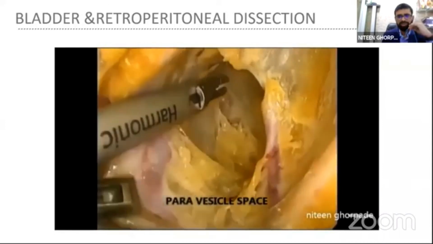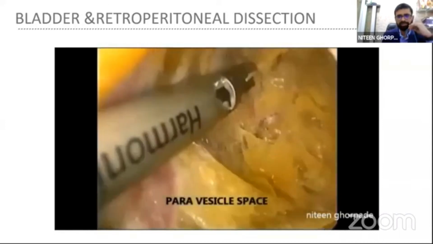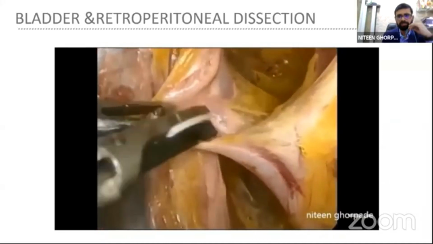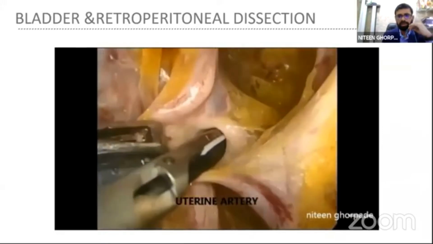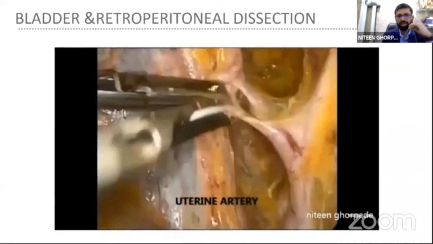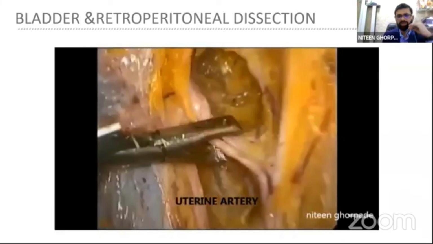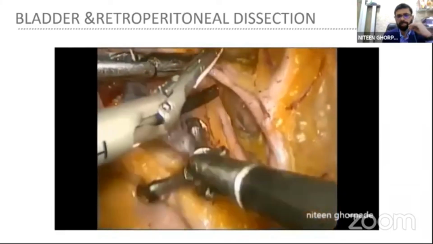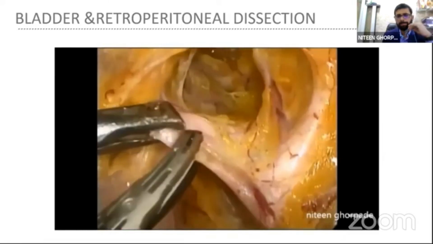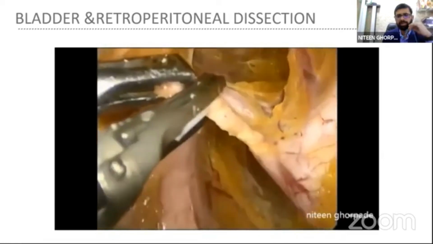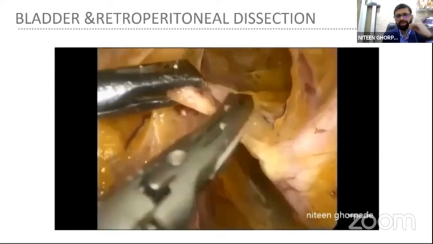So finally, we will reach the levator ani. Again, we separated the vein from the artery and are cutting the uterine artery at its origin, by clipping method, by harmonic at level 5.